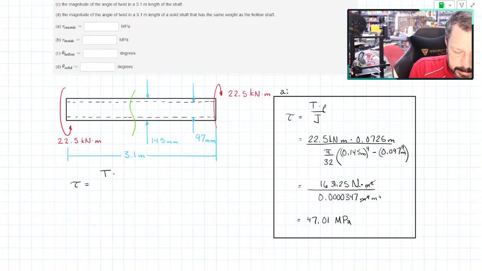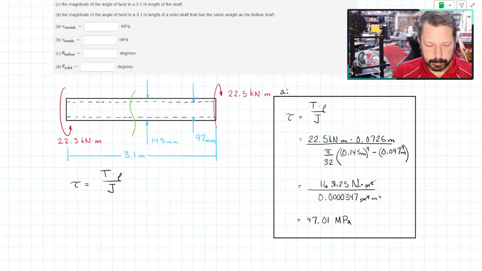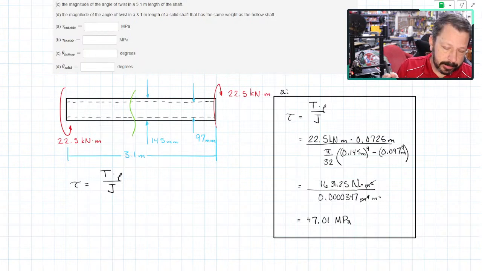Tau equals T times rho over J. So the same torque is applied to the cross section. Anywhere on this whole shaft, I drew this little green squiggly line in the center of the shaft. Anywhere I draw that green squiggly line, I would cut it open and draw that little free body diagram. I didn't bother to do that on this particular one. And then I would see what the internal torque is at that cross section.